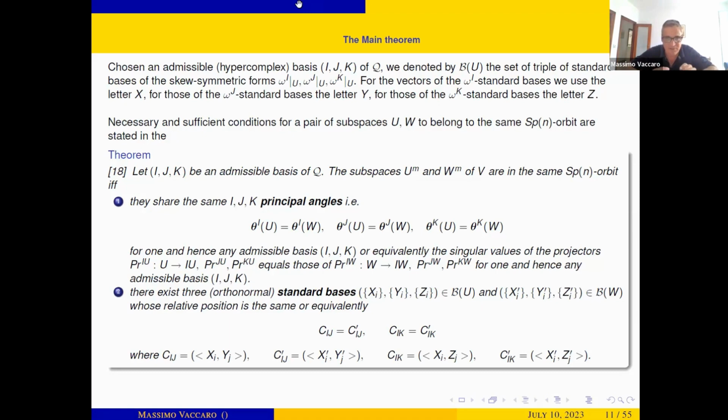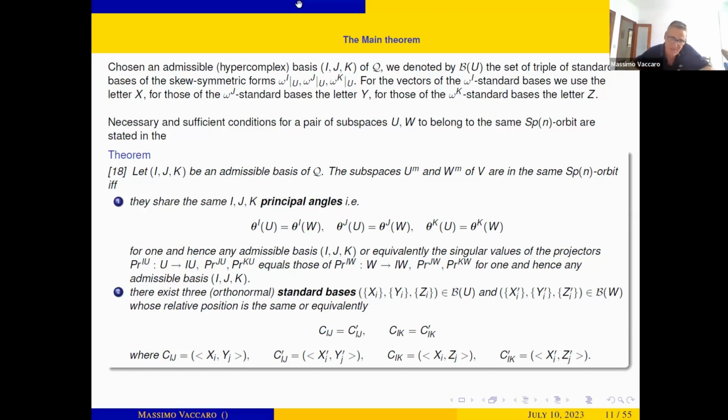So, principal angles. Then the more complicated part is here. There exist three standard bases, which are always orthonormal, xi, epsilon_i, and zeta_i, in U and in W, such that the relative position, that is the orthogonal matrices, the Gram matrices between these bases, is the same: C_ij equals C'_ij, C_ik equals C'_ik.